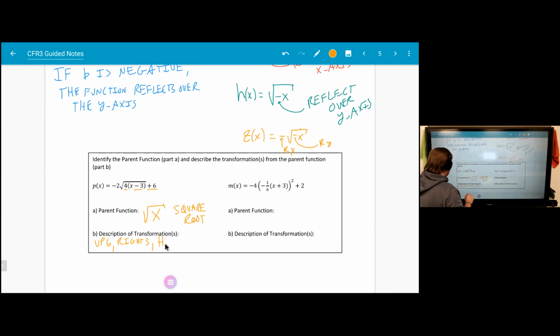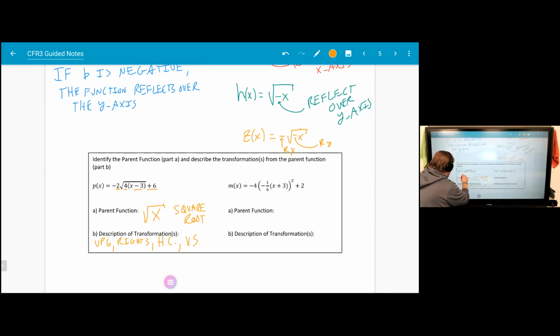Horizontal compression. We have this value out here. That A value is a -2, but we're going to treat the negative a little bit differently. It's just that 2 value we're looking for, and since it's bigger than 1, we're going to have a vertical stretch.